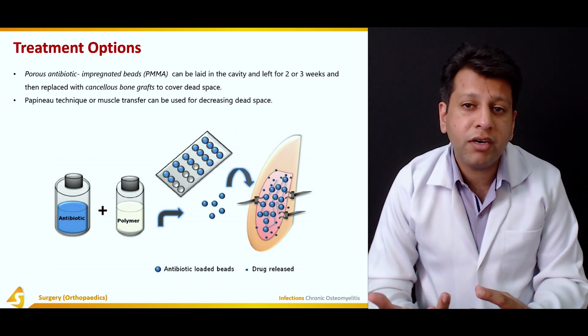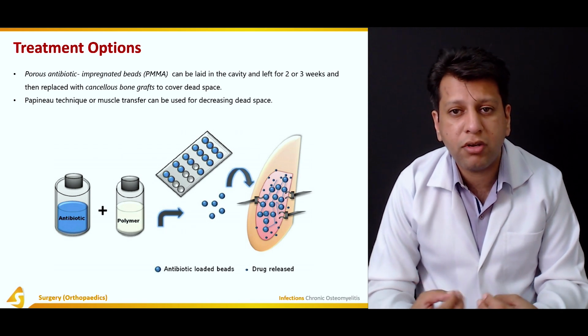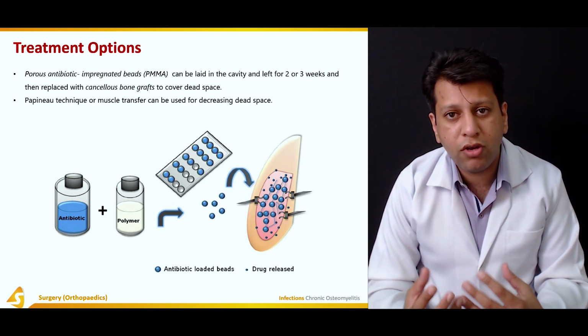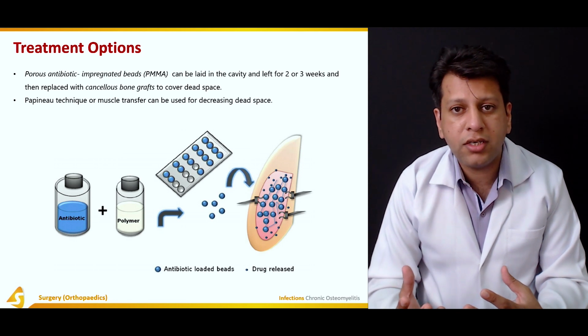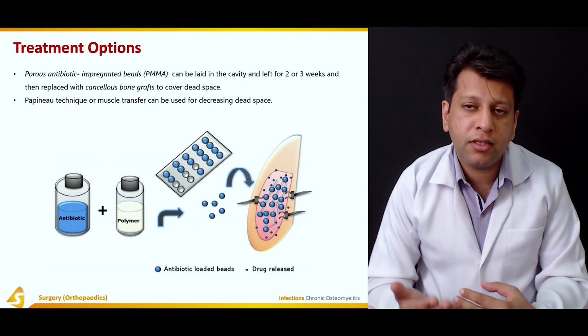There is a RIA device as well, a reamer irrigator aspirator device, in which the intramedullary cavity is washed thoroughly of all the dead tissue, after debridement and thorough reaming. Then there are other devices.